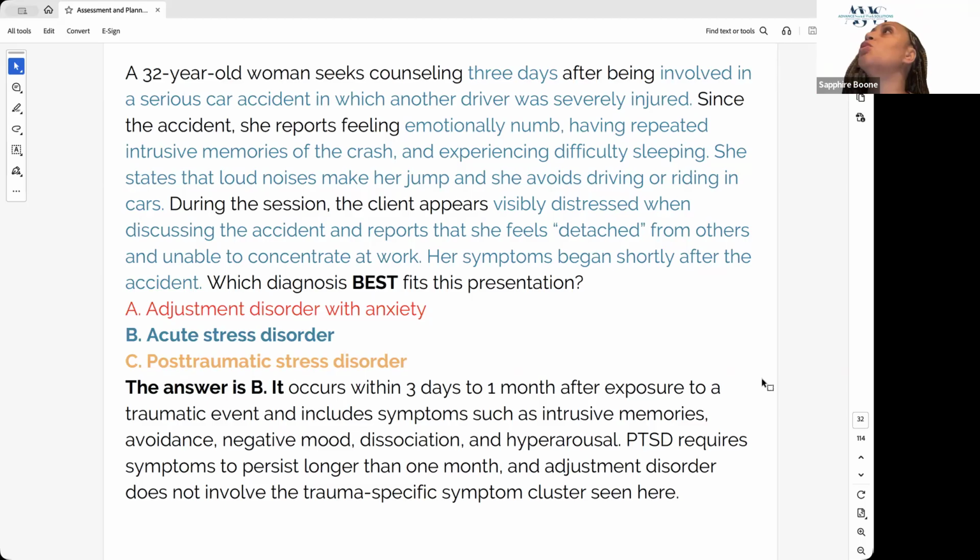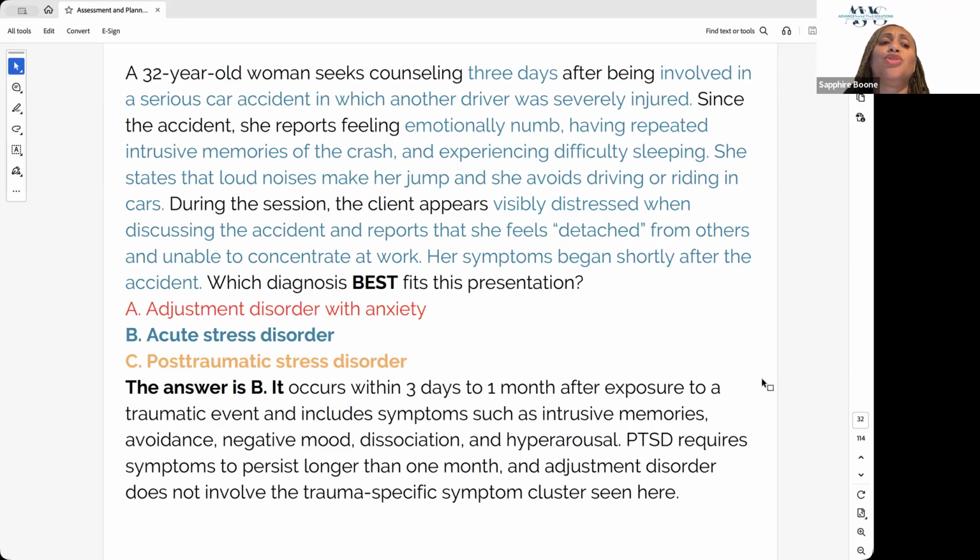You could have adjustment disorder because maybe your environment is changing, but it's not necessarily the level or severity of acute stress or post-traumatic stress. So adjustment disorder does not involve a trauma-specific thing. Something they're definitely processing and going through, but not a life or death type of situation.